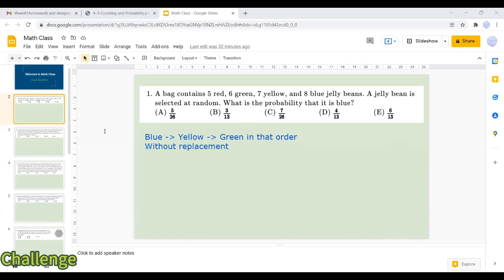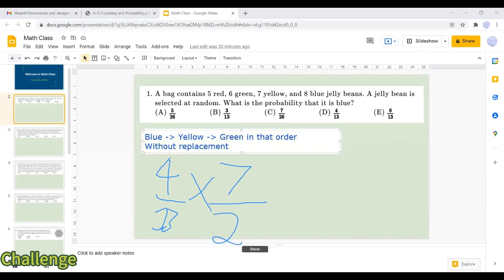Well, the first 2 shouldn't be that bad. It would just be, and then it would be, yeah.